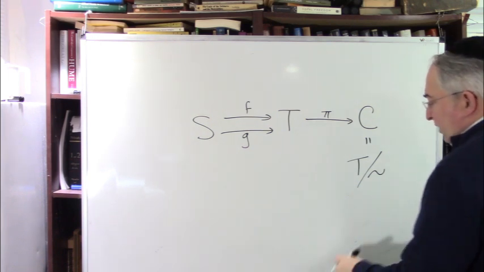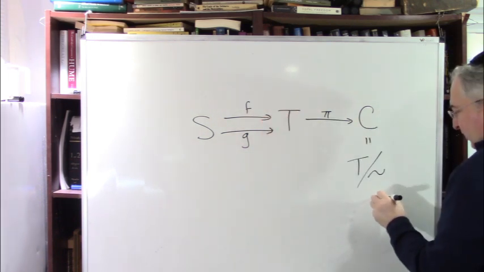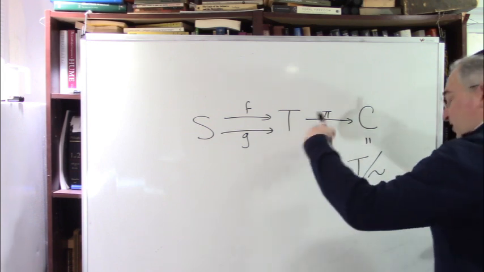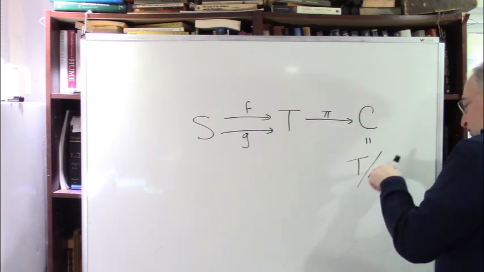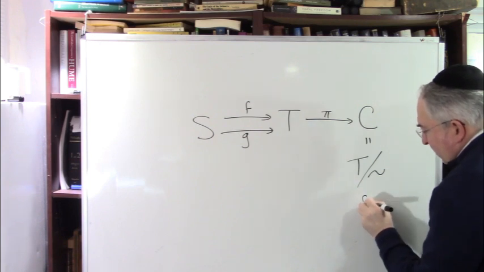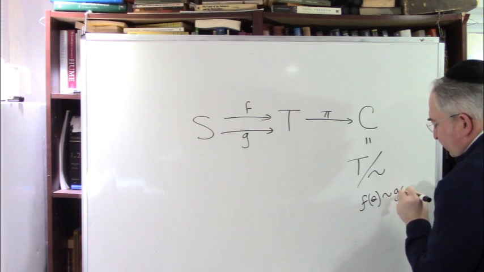What are we gonna set? Well, to make sure that this works, this equivalence relation is gonna be generated by the following things. We're gonna set f of s to equal g of s.